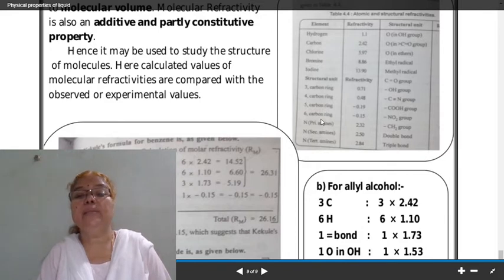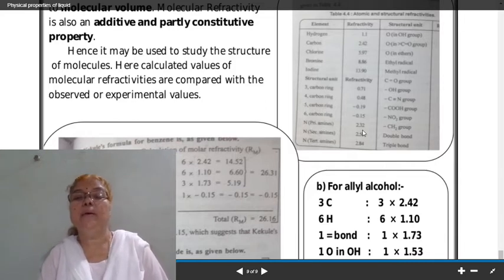For 6 carbons, that means for benzene ring, this value is minus 0.15. Then for primary amines, nitrogen in primary amines this value is 2.32. For secondary amines here 2.50, and for tertiary amine that value is 2.54.